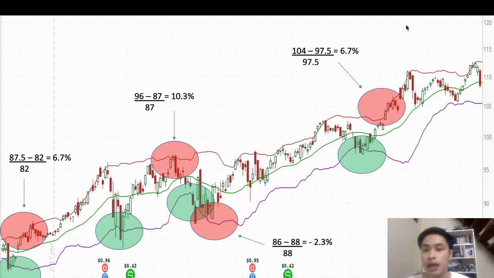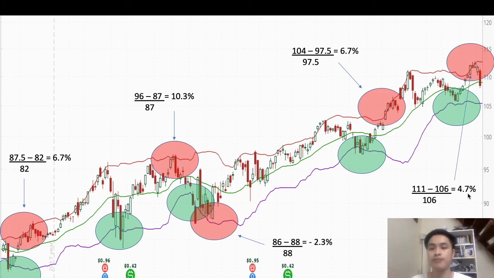So where's the next point of entry we would take? It will be here, right? Because prices are at the lower part of the Bollinger Band. So we would have sold it at around this point because prices are at the upper Bollinger Band. So we would have made 4.7% on our trade. So on this chart, can you see that we are right more than we are wrong?